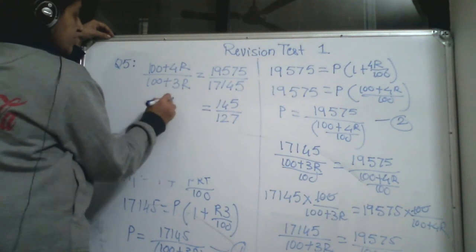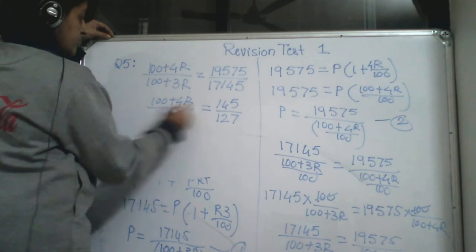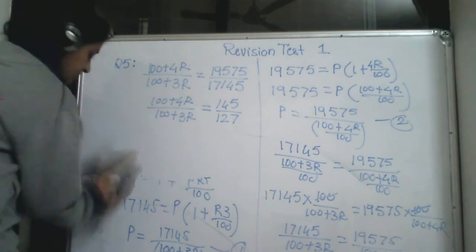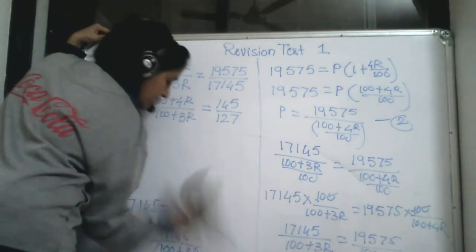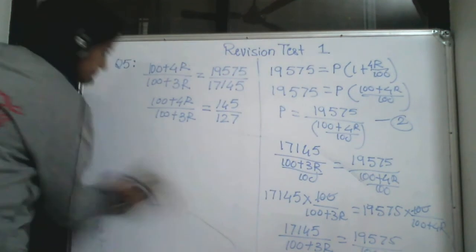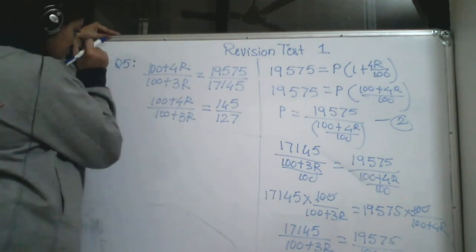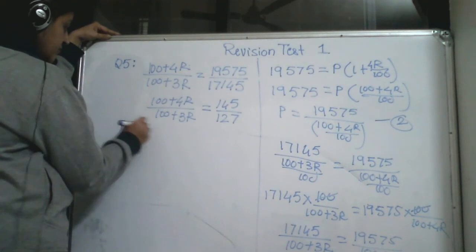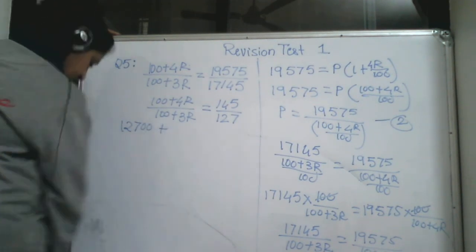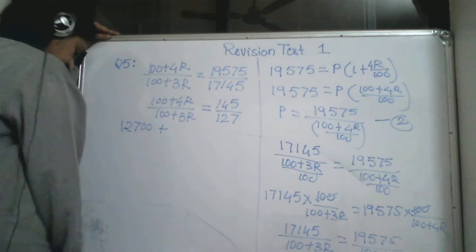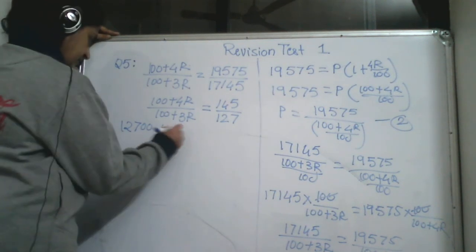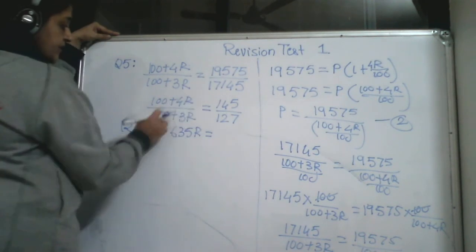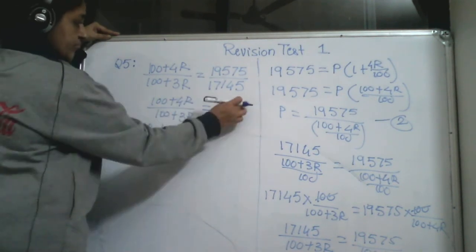Now we have (100+4r)/(100+3r) = 145/127. Now you can cross multiply and get it to one side. If you multiply this to the right-hand side numerator, 12700 plus 127 into 4, what you should be getting is 635r, is equal to, now you multiply these two, meaning 100 plus 3r is multiplied by 145.